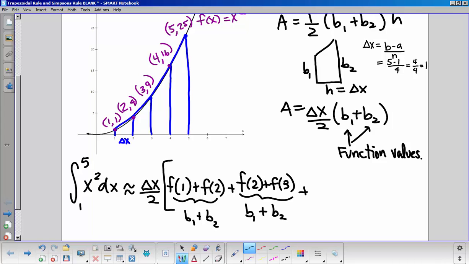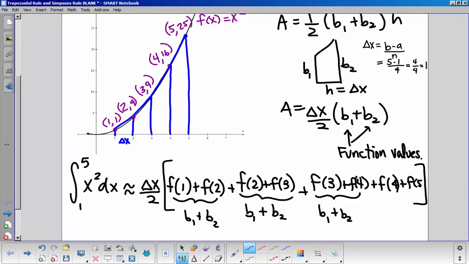The third one: f of 3 plus f of 4. That's right. Base 1 and base 2 for the third trapezoid. And then the last one is going to be f of 4 plus f of 5. Those are our 4 trapezoids.